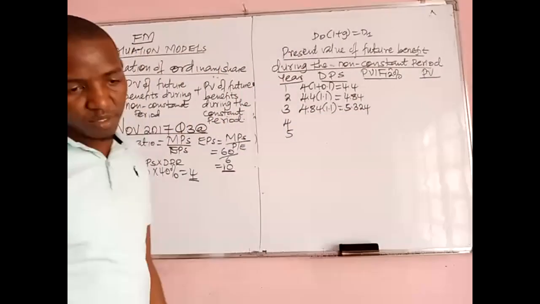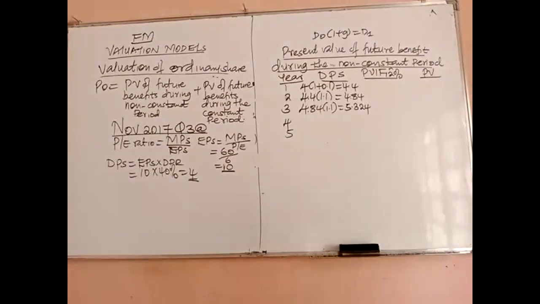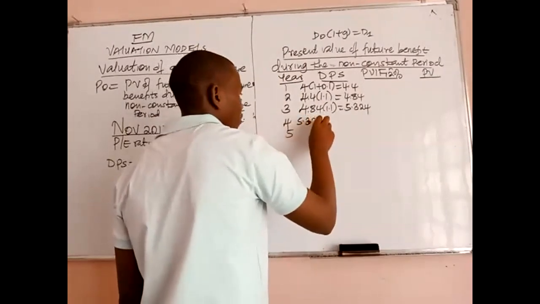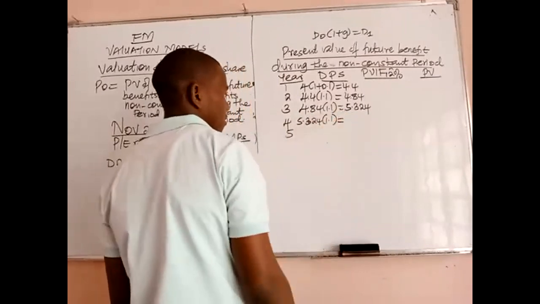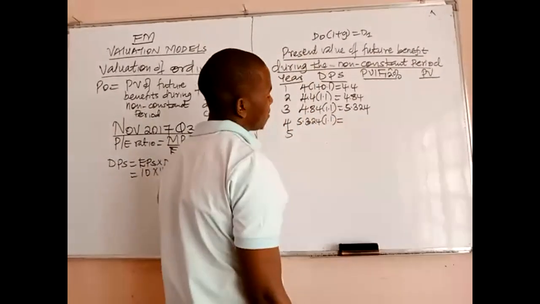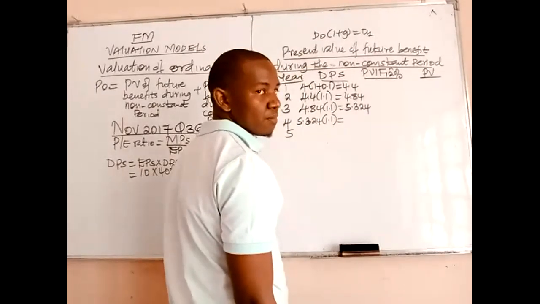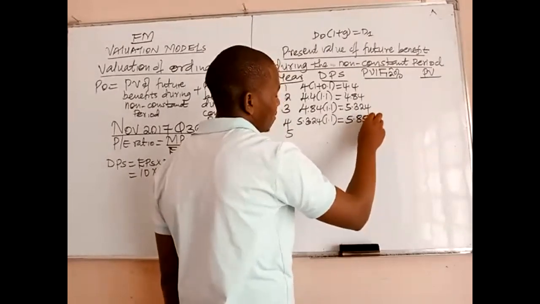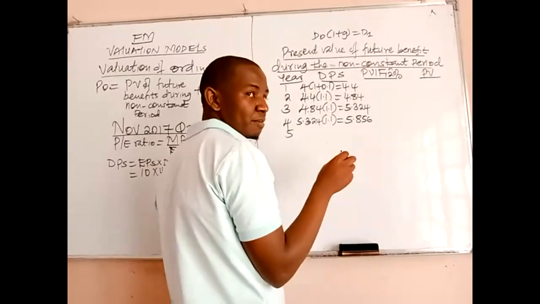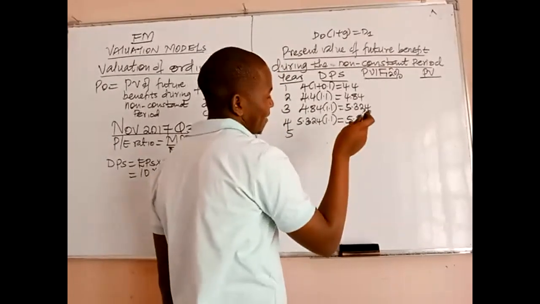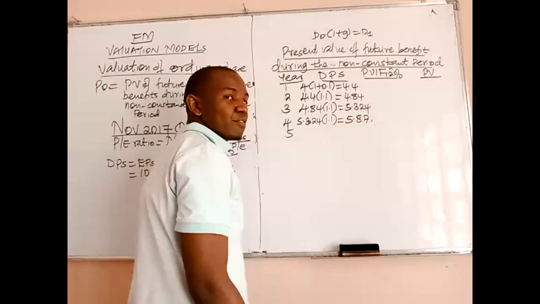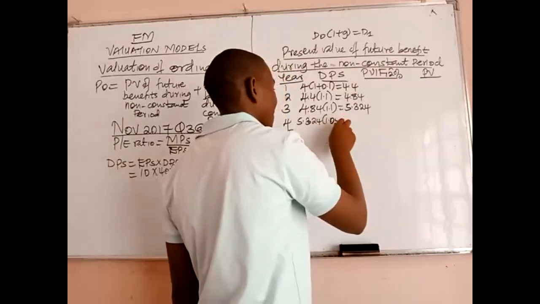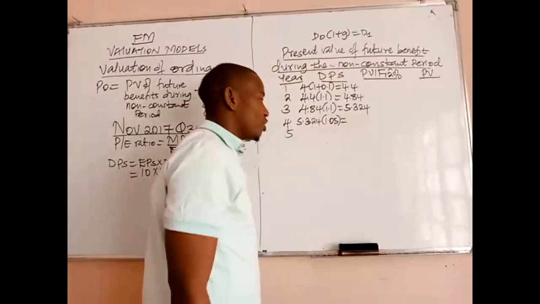Now, for the next 2 years, the dividend will grow at what rate? 5%. So I will have 5.32 times 1.05, oh, this is 5%, sorry.